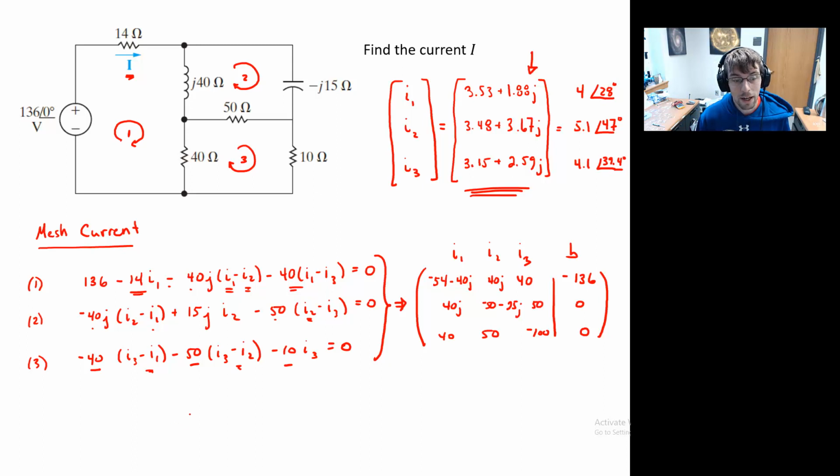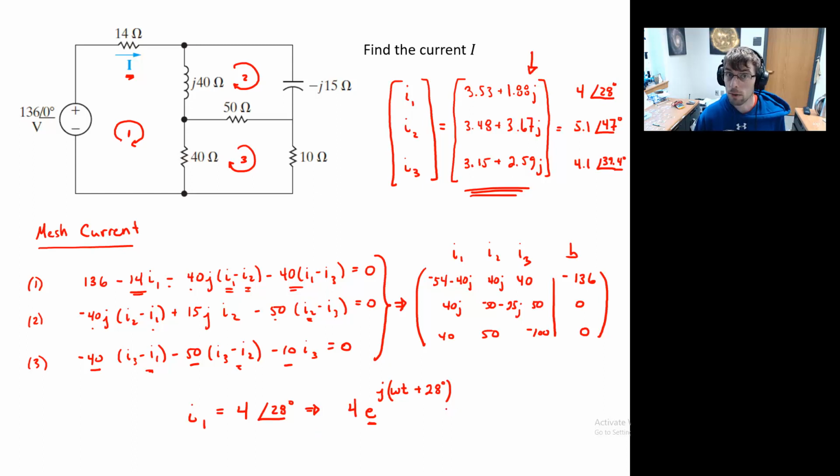When I write I1 is equal to 4 times the phasor 28 degrees, or if I write it as this Cartesian thing, please don't forget that what we mean by that is 4 e to the j omega t plus 28 degrees. So it's easy to kind of forget that Euler's relation is still in with that current.